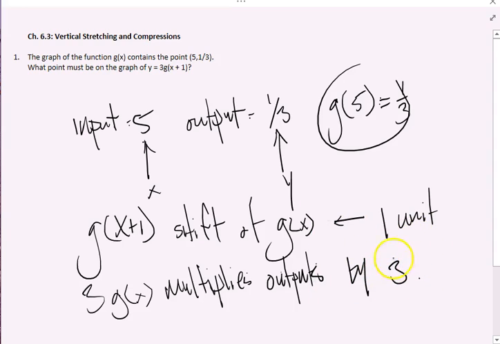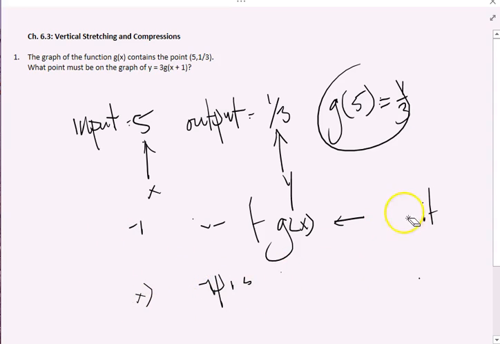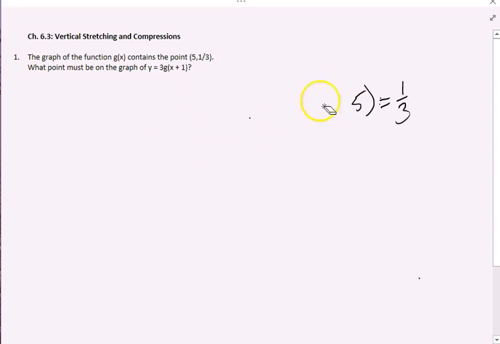Okay, so everything grows 3 times larger in size. So what we want to think about is, I have all this information, so what do these shifts do to my point? This is a point that was on g of x, so it's going to move with g of x as I move the function. I'll show you that in Desmos in a second.